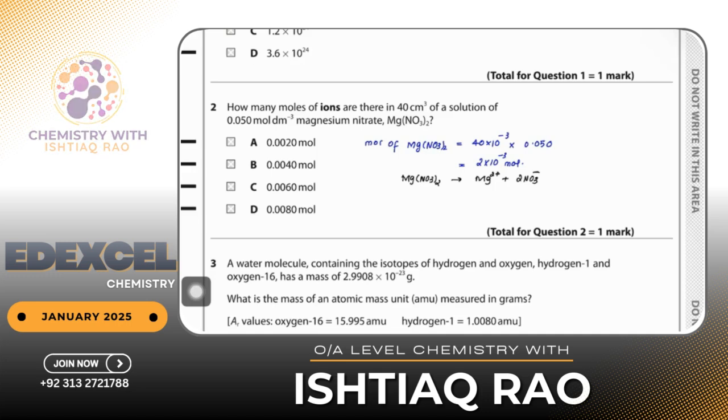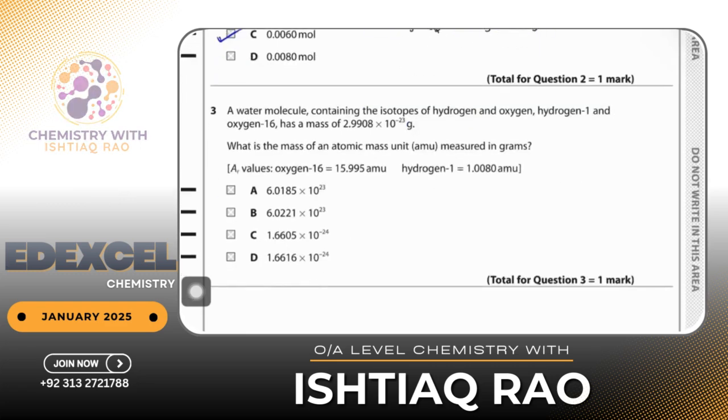So for the 3 ions, you have to multiply this by 3. What's the answer? Answer should be C, isn't it? 2 into 10 power minus 3 into 3. It's supposed to be 0.006.